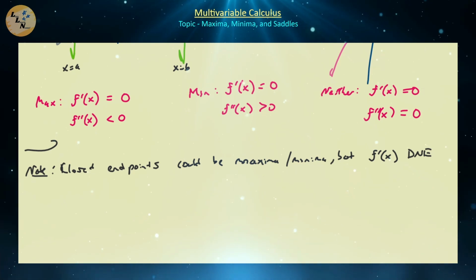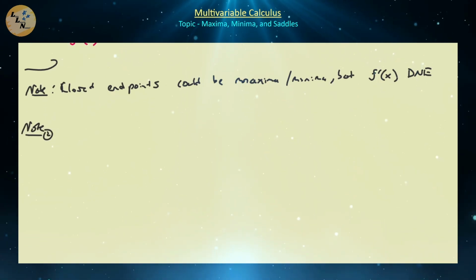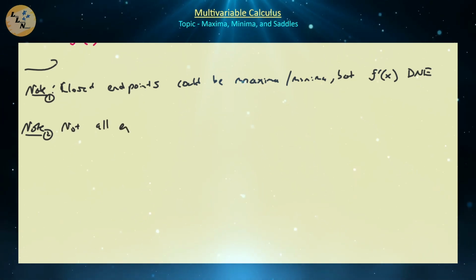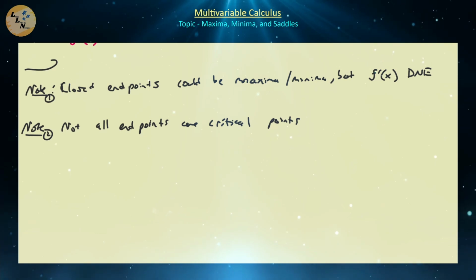Not all endpoints are critical points as well. I wanted to mention that because that's a counterexample that some people forget. When I say critical points, I mean local max or local min.